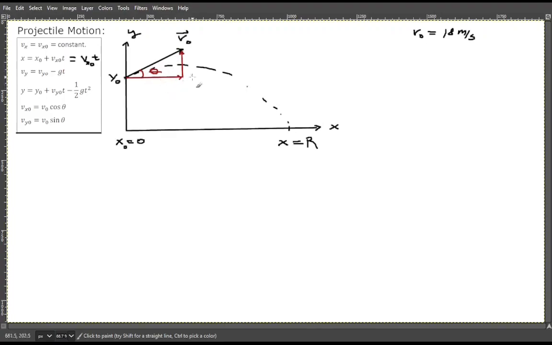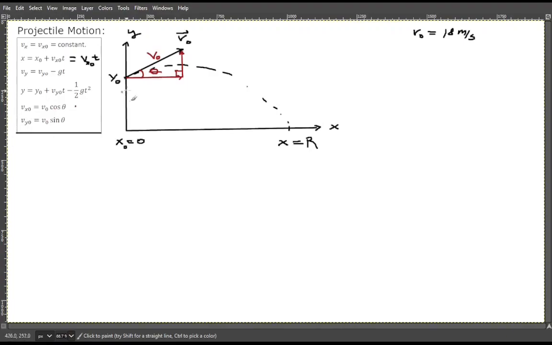The x component of this initial velocity vector, we can see over here, is given by the magnitude of this initial velocity, that is the size of the hypotenuse of this right triangle created by the vector here. So the length of this arrow is the size of the hypotenuse.